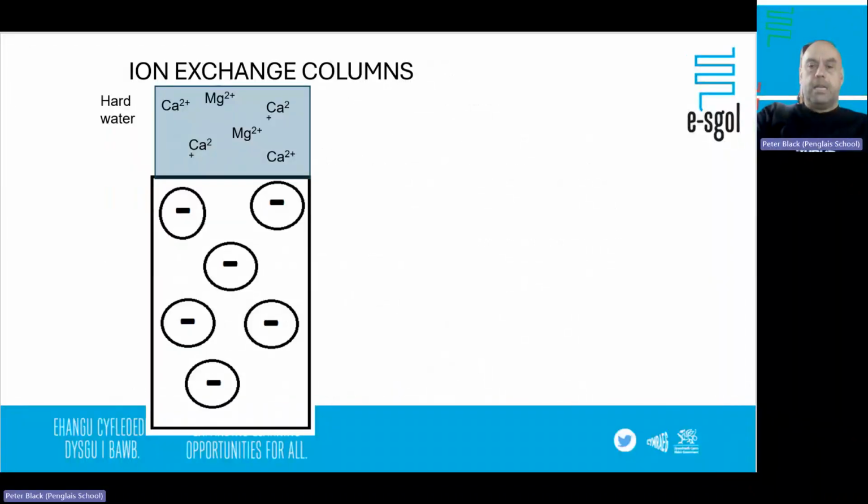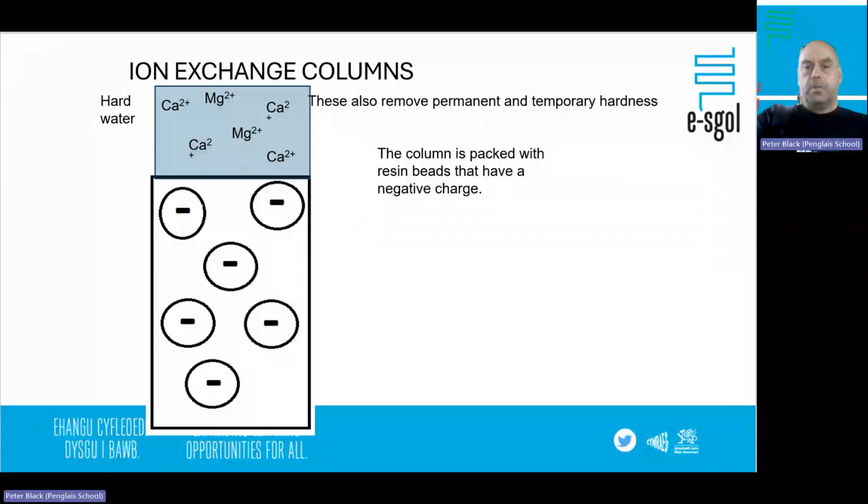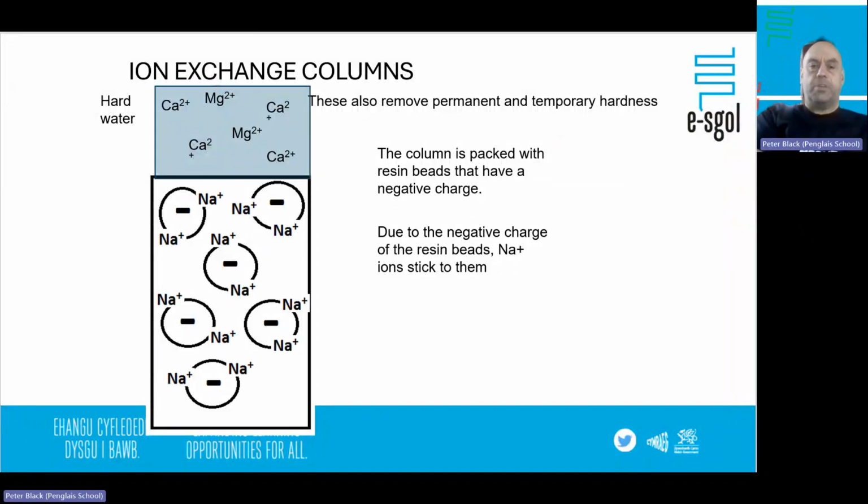Okay. And then the final thing we can do for removing water hardness is we use what's called an ion exchange column. You can see here we've got some hard water with its calcium and magnesium ions in, and what we do is we pass those ions through silica, a bit like sand, but the sand particles have a negative charge, and attached onto these negatively charged particles, we have sodium ions.